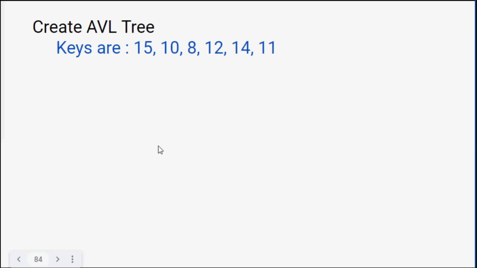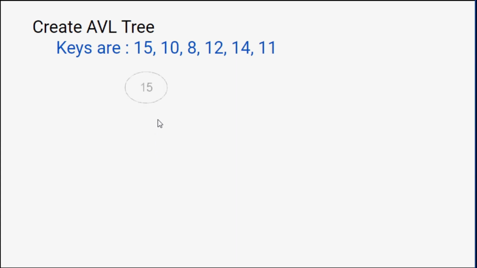Now we are going to discuss the next example in which we have more than 3 nodes. Here we are given a number of keys, more than 3, and we are going to create an AVL tree from these given keys. I'm telling you again and again the same point, that we are not going to rearrange the keys. We are going to insert the keys in the same order in which they appear.